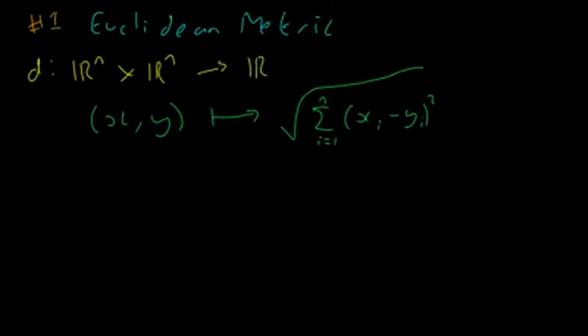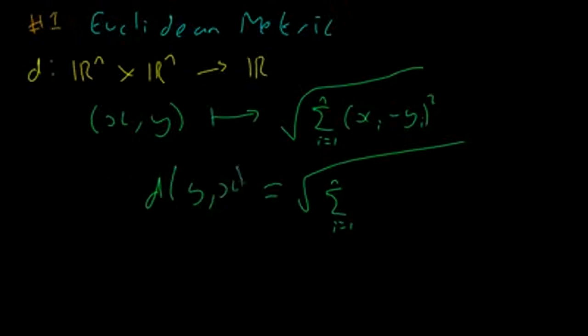And the symmetry property is also very obvious if we just interchange the components of x and y in this summation, just swapping these around. So this is like d of y, x is equal to the sum of (yi minus xi) squared, which these two are obviously equal, right?